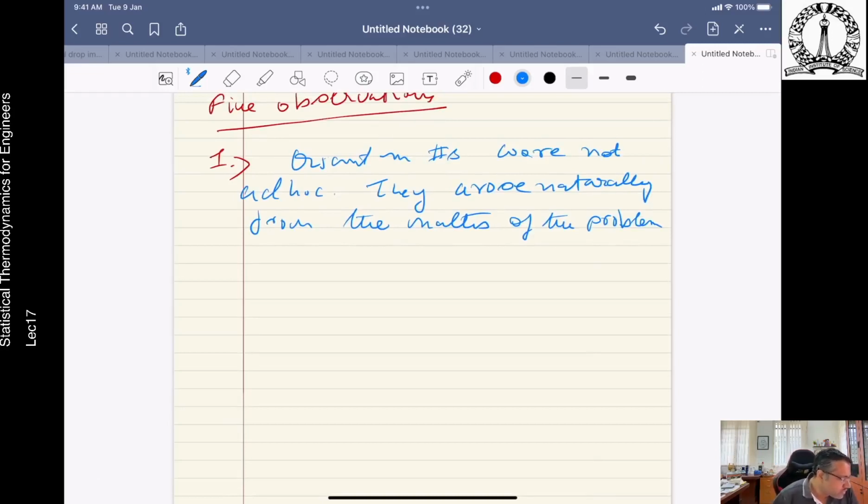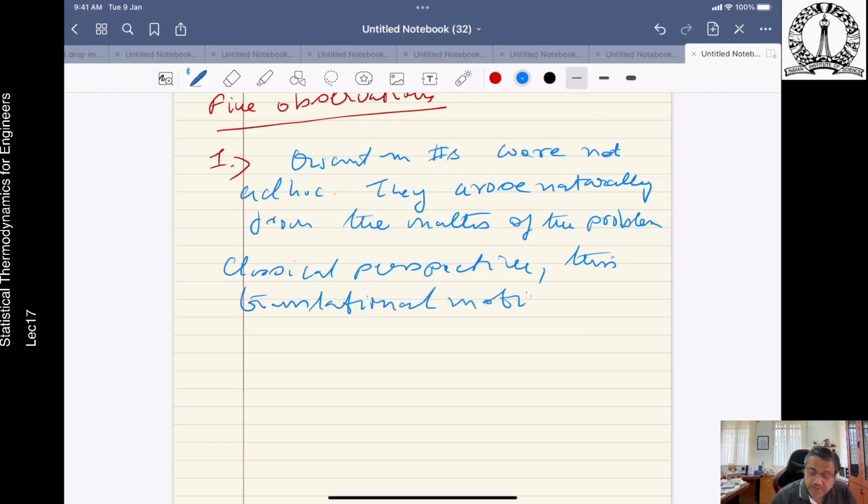As we know from a classical perspective, this translational motion has 3 degrees of freedom. X, Y, Z, 1, 2, 3, whatever you call it.